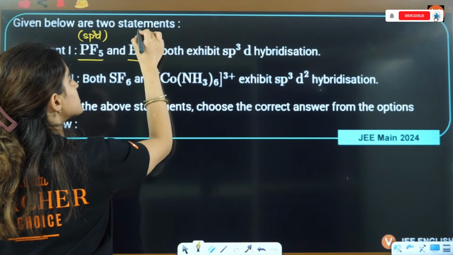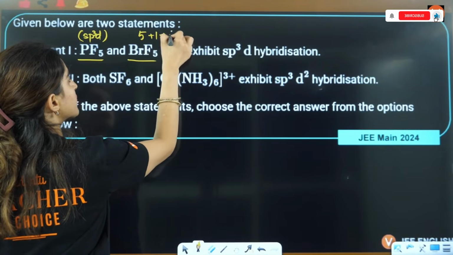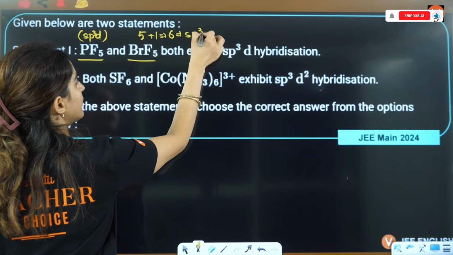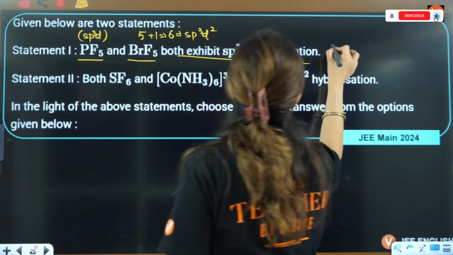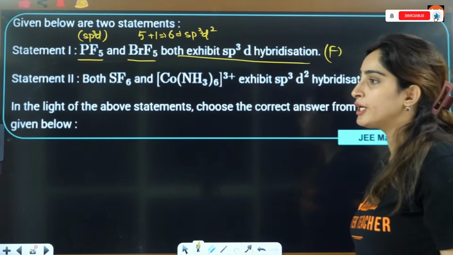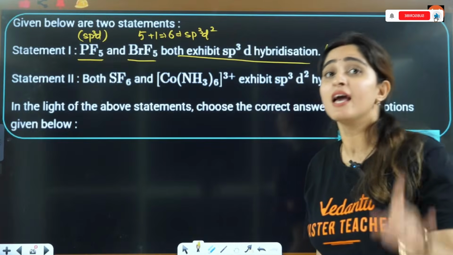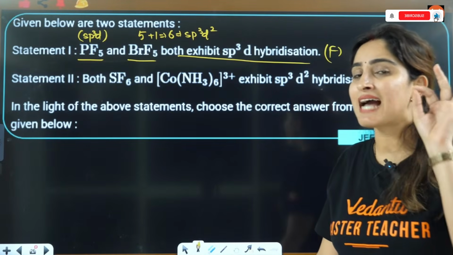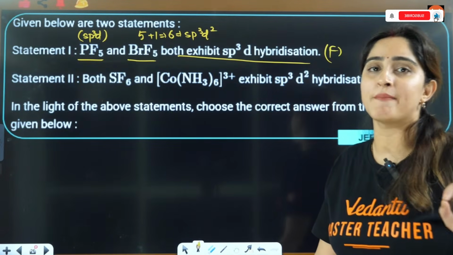So sigma is 5, lone pair is 1. So it is 6, that means it is sp3d2. So this is going to be false because BrF5 is coming out to be sp3d2 and this is coming out to be sp3d.